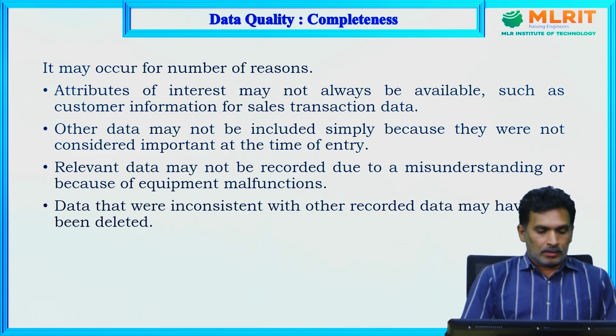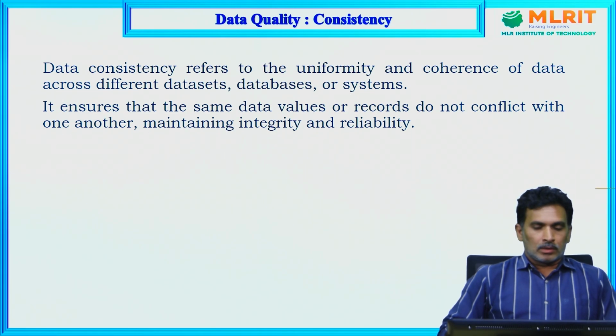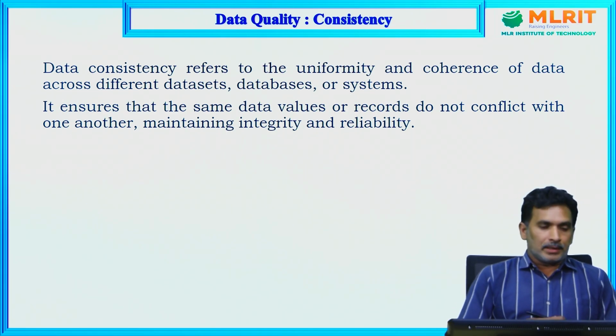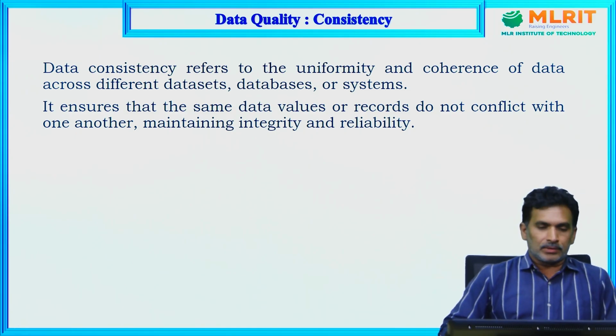And data that was inconsistent with other recorded data may have been deleted. These are the possible reasons for incomplete data. We can address incomplete data by various strategies and techniques.